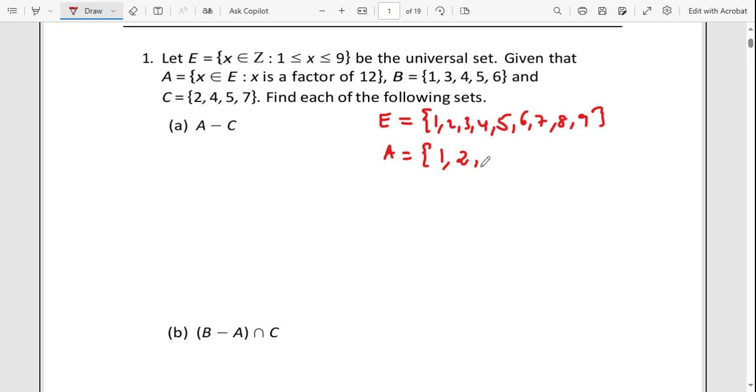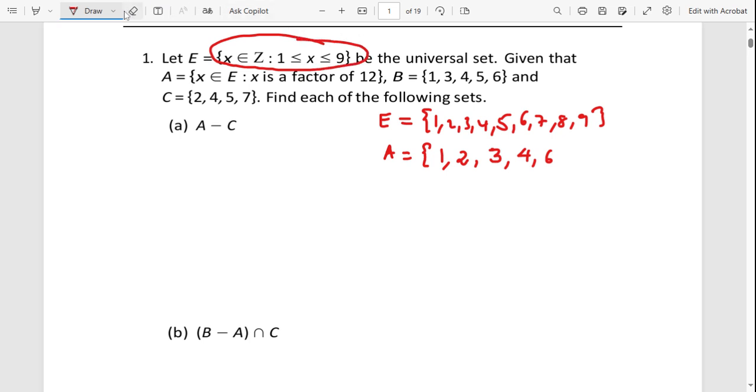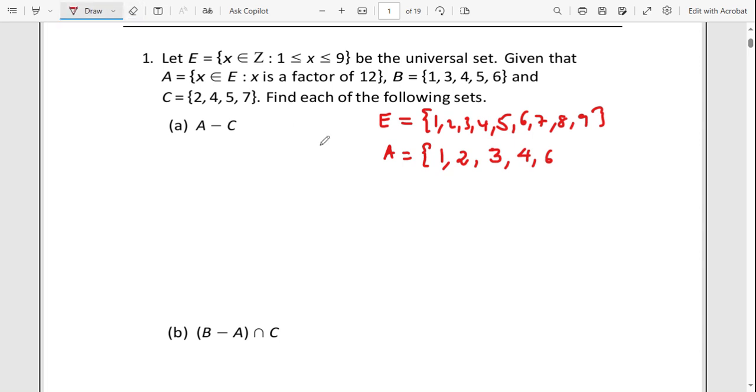What other number? 3. Very good. 4. Excellent. 6. Excellent. Even 12, right? But 12 is not part of the universal set, so we'll not include it. Okay, very good. So that is the set A.